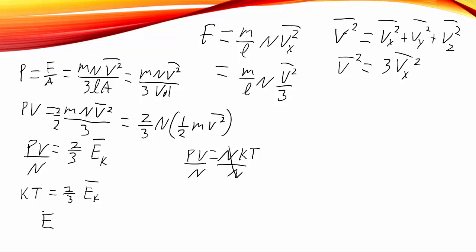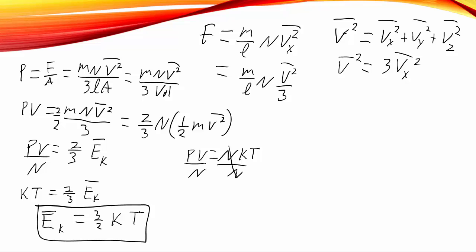So I get the average kinetic energy of the particles is 3/2 times kT, and all this stuff is constant. So basically I have the kinetic energy related directly to the temperature. Hooray! Yay for physics! We related a macroscopic property, temperature, with the microscopic average kinetic energy of all of these particles bouncing around. Pretty amazing.